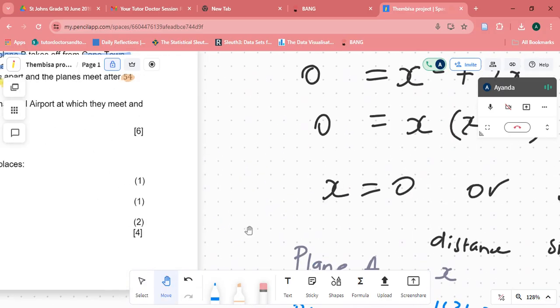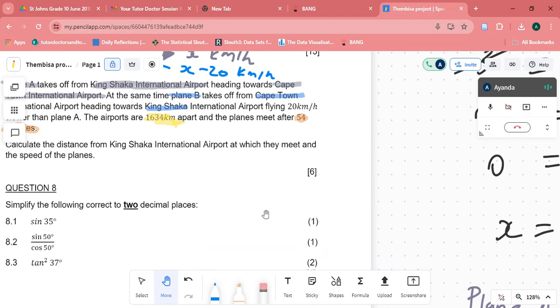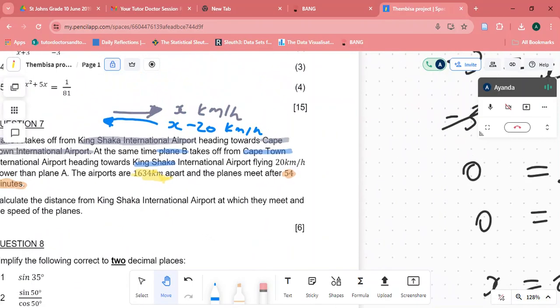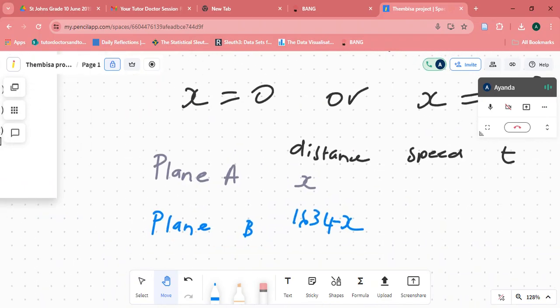We're told the airports are 1,634 kilometers apart. Plane B is leaving from Cape Town towards King Shaka, so it's 1,634 minus x. Plane A is leaving from King Shaka, so that would be x kilometers.